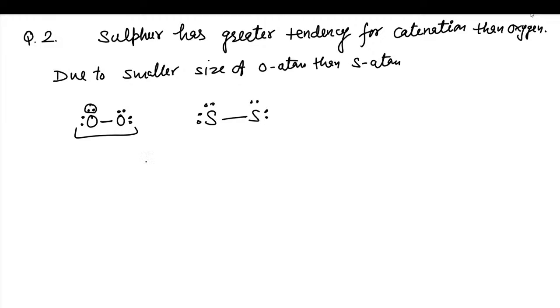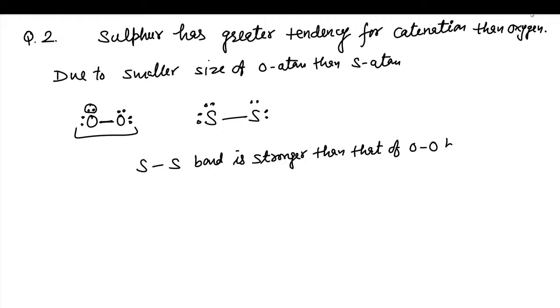And therefore, you can simply write: due to small size of oxygen and inter-electron repulsion, lone pairs repel the O-O bond more than in the case of sulfur. So the sulfur single bond is stronger than that of the oxygen bond.